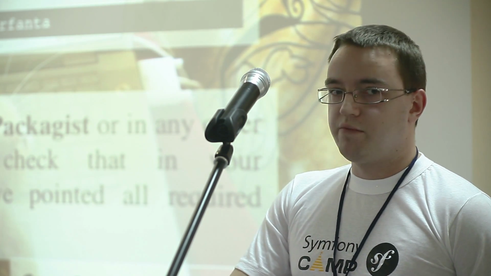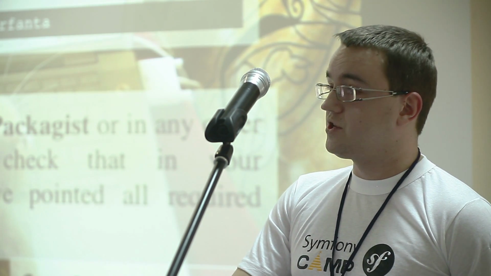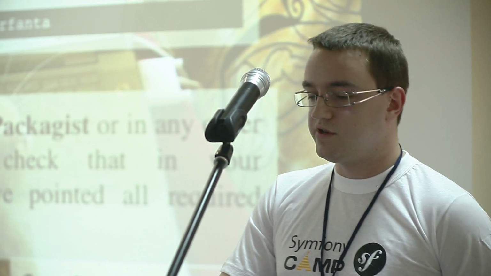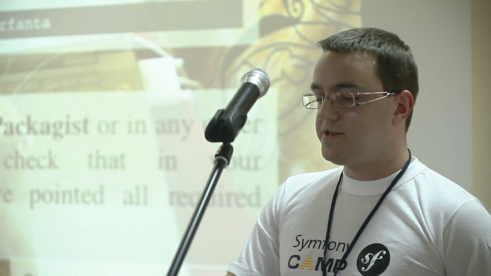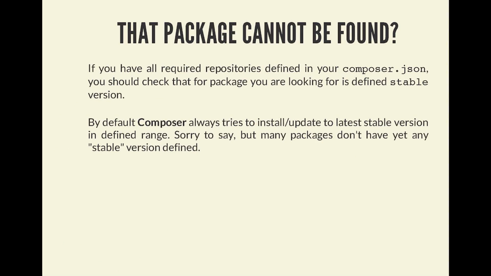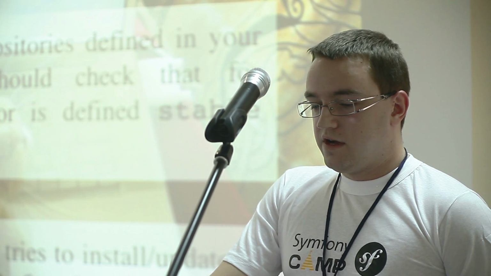You can simply run Composer show with that package name, which will try to load all of the repositories defined in your composer.json project and try to locate this package. If it is not found, you should check that there is no typo in it, and that all of the repositories are defined.